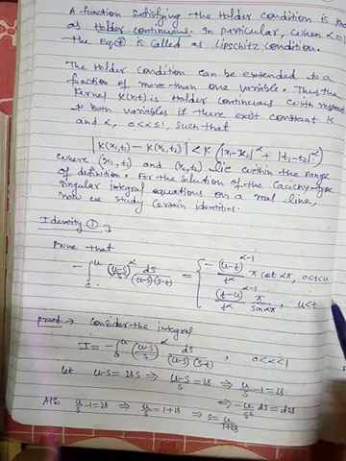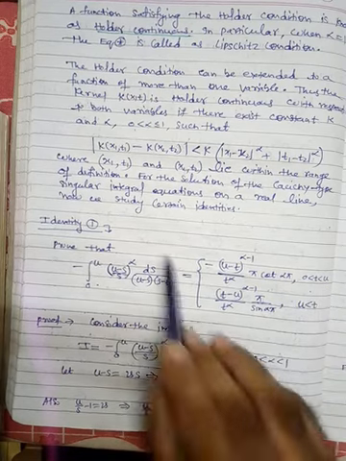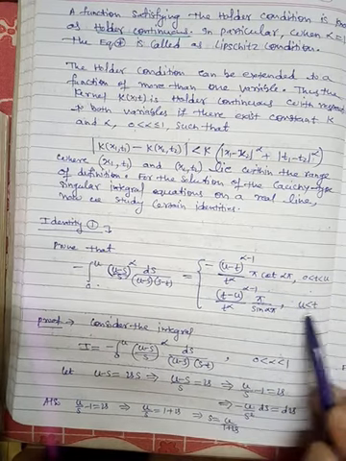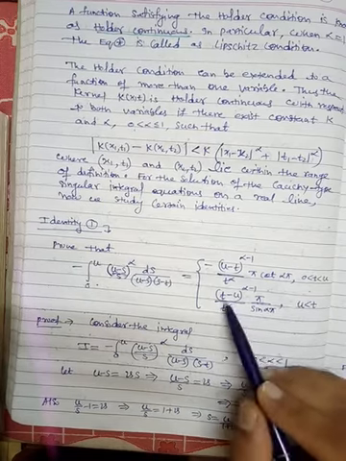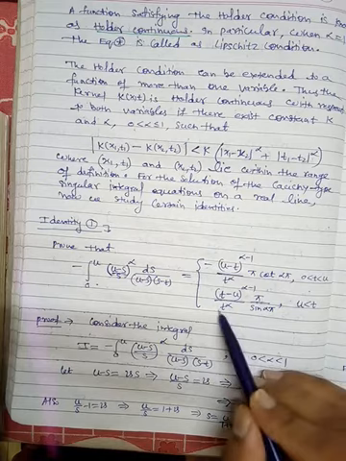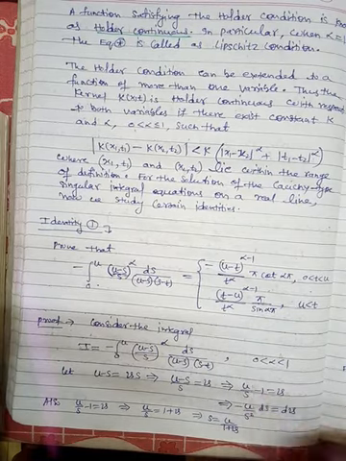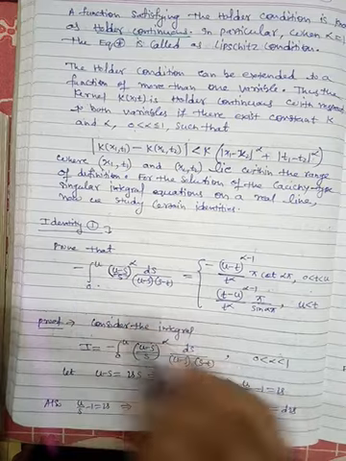Fine. So that's why we have this relation between t and u. When t is less than u, the value of this integral is this. When u is less than t, the value will be (t minus u) raised to the power alpha minus 1 divided by t raised to the power alpha, times pi upon sine alpha pi. Fine. So we have to prove this.